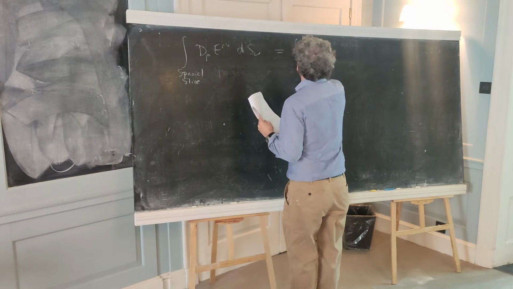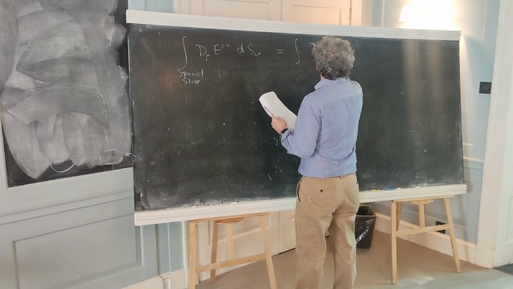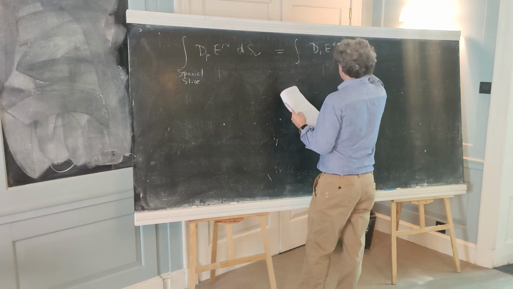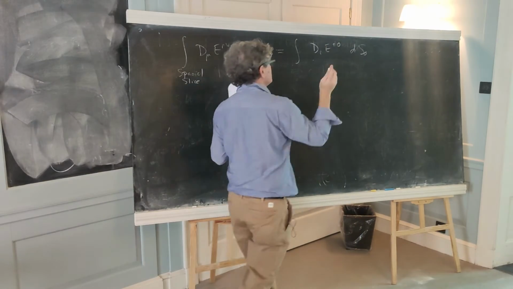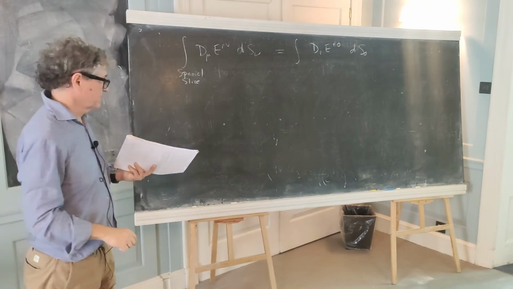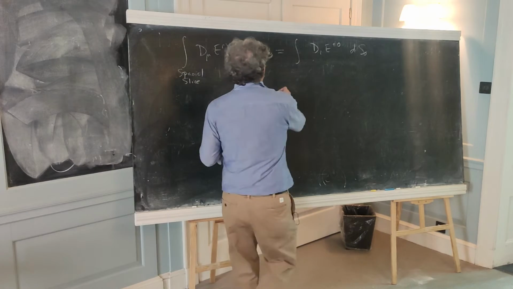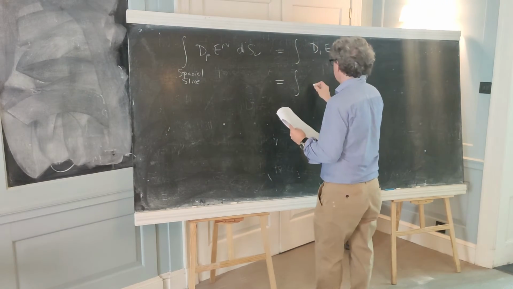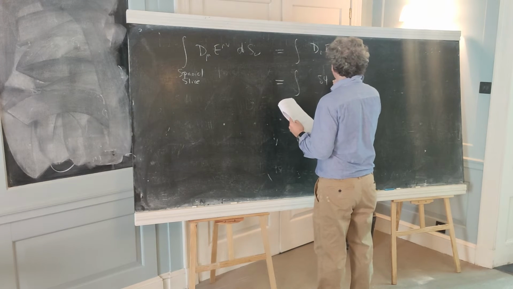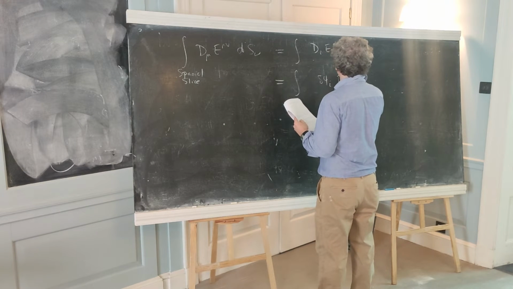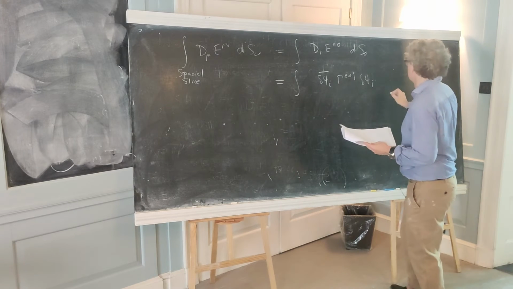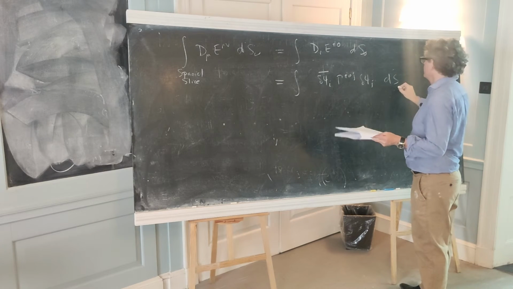So that means that I would write this as D_i E^i0 and then dS_0, right? Because the normal vector to the spatial slice is a time-like thing. So now I can use that on shell, this becomes δψ_i γ^i0j δψ_j. And if I had an extra chi term, you would just add it in.